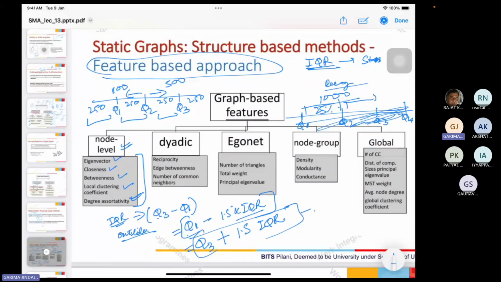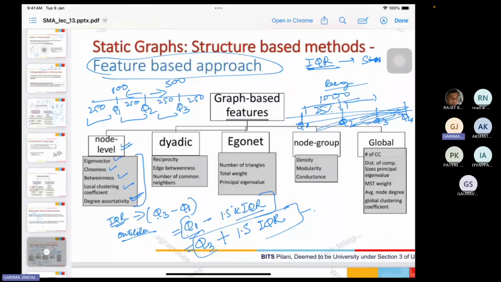Any value that is greater than this value will be considered an outlier. This is one of the ways. You have these values, you apply the IQR method on them, and then you can categorize that these might be the outliers, or these might be the anomalous behavior, the nodes behaving differently.